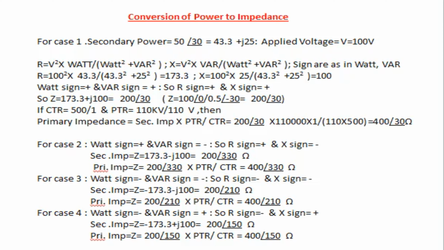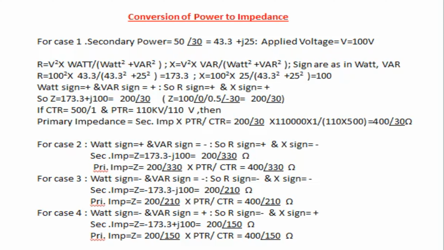R is equal to 100 square into 43.3 divided by 43.3 square plus 25 square, equal to 173.3. X is equal to 100 square into 25 divided by 43.3 square plus 25 square, equal to 100. Watt sign is plus, var sign is plus. So R sign is plus and X sign is plus.